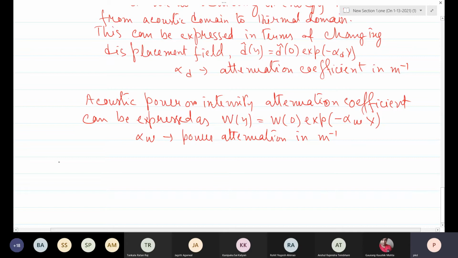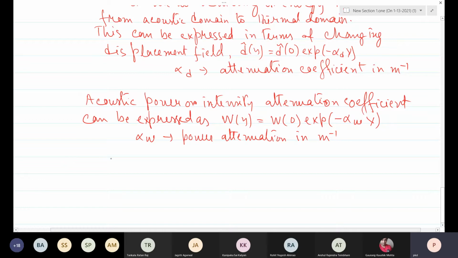As I was telling earlier, acoustic energy propagation through the medium can also be expressed in terms of scattering coefficient and absorption coefficient separately by defining certain forward scattering angle, backward scattering angle, etc. That we shall discuss later, maybe after discussion of these plane waves.